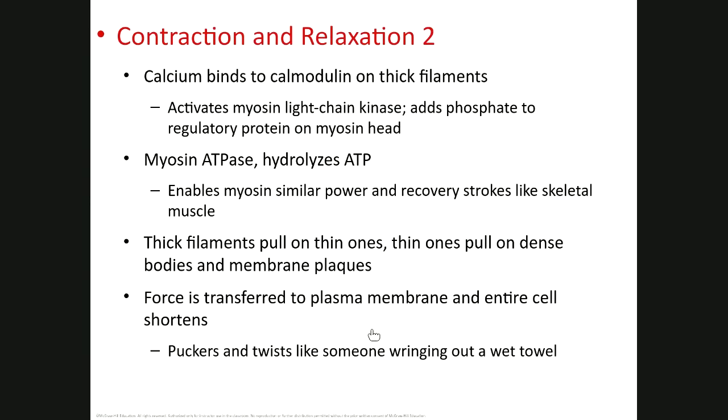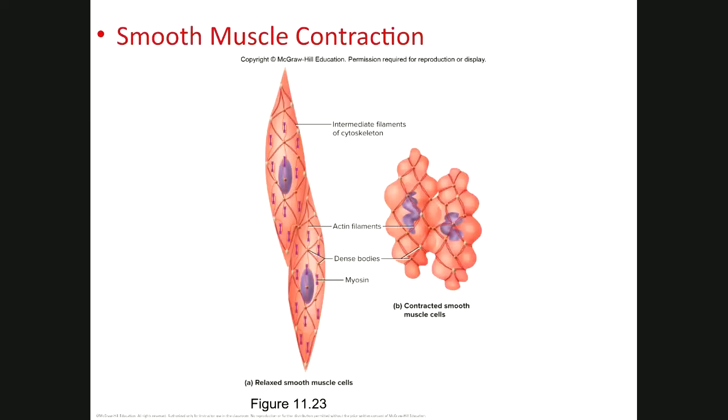Instead of it holding to bones or attachments, this can run on itself. It puckers and twists like wringing out a wet towel, right? Like you see here from this relaxed position, it runs on itself and tightens on itself so that it can reduce to this size. See, almost like a towel being wrung by itself.